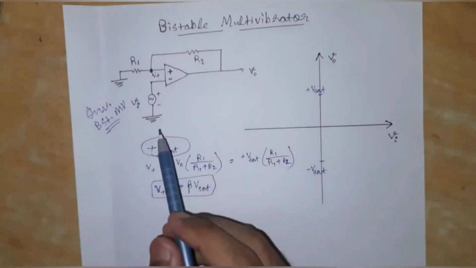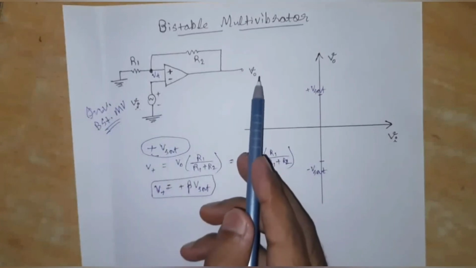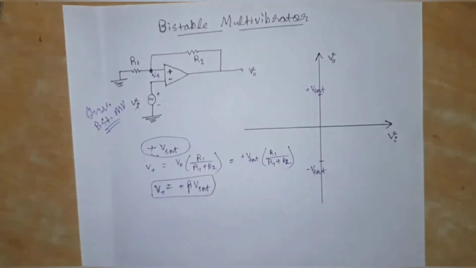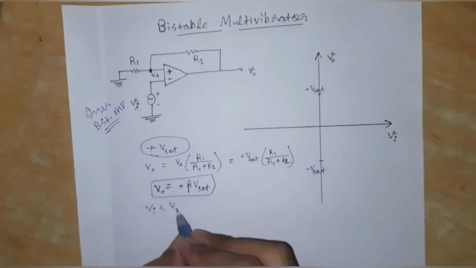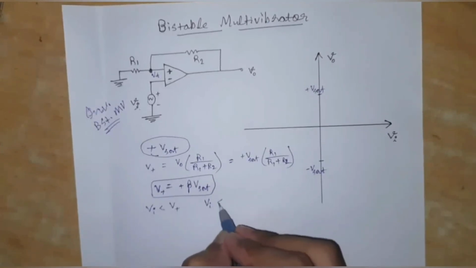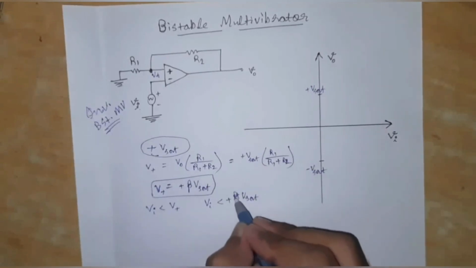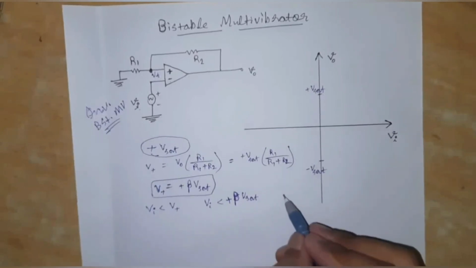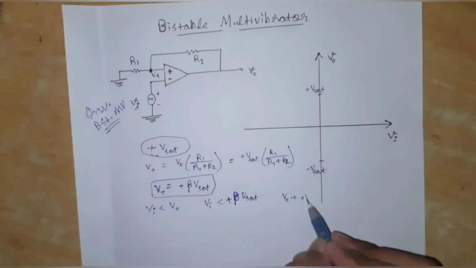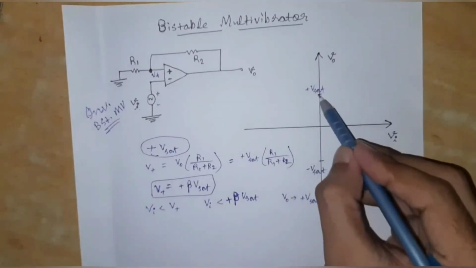Now till the time Vi or V input is less than V plus, the output will stay as plus VSAT. What I mean by that is, as long as V input is less than plus beta VSAT, V output stays at plus VSAT, that is the upper saturation voltage, and we keep on increasing V input.